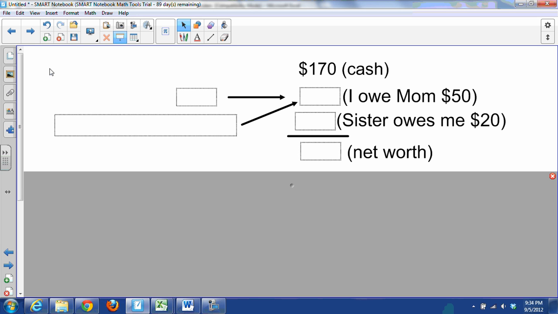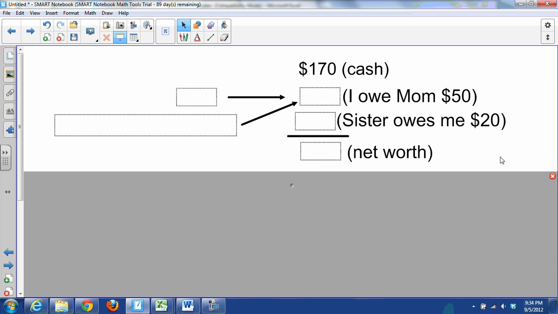Suppose you have $170 of cash and you owe mom $50. Mom's loaned you $50. Your sister owes you $20, and I want you to determine how much you're really worth. How much money do you essentially have?